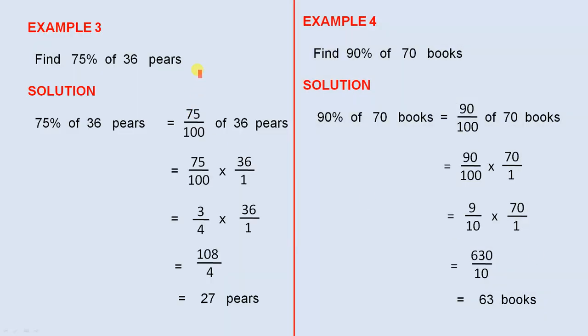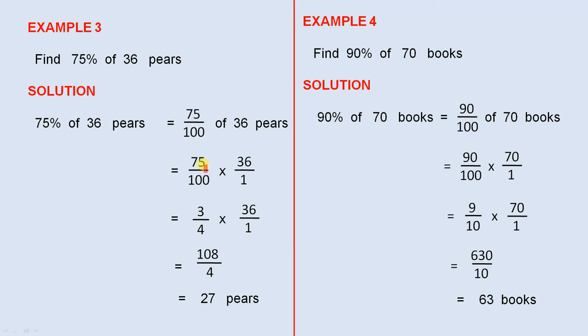Example 3. Find 75% of 36 pairs. Solution. 75% of 36 pairs equals 75 over 100, because that's what 75% means, of 36 pairs. That's 75 over 100 times 36 over 1, because of means multiplication.